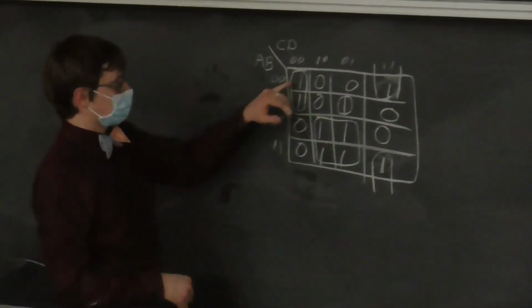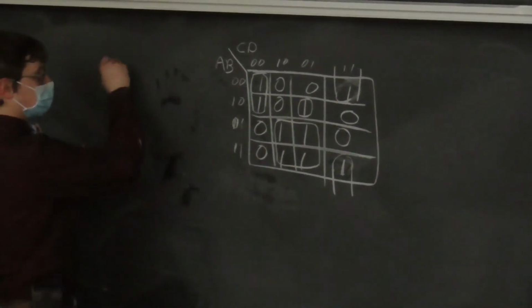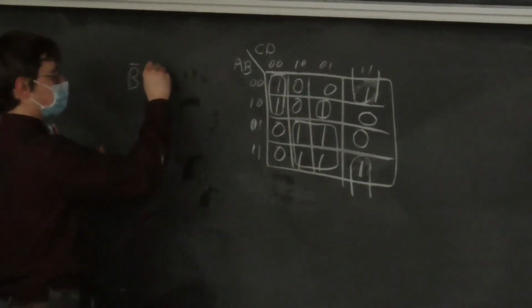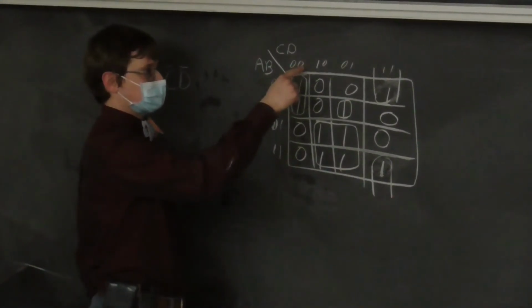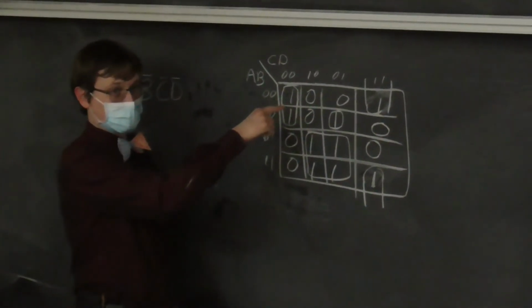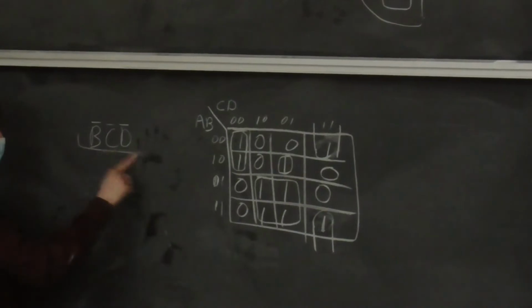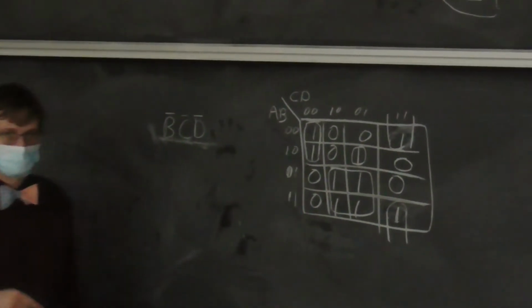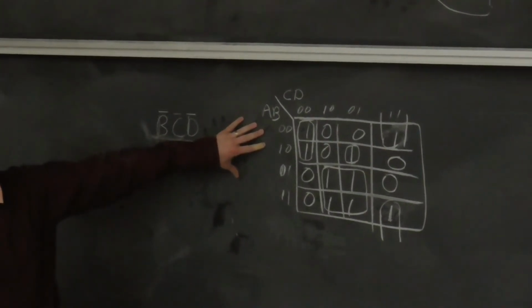Like for this area right here, not B, not C, and not D, because B is 0, C is 0, and D is 0 inside of that area. So that is one term of the eventual equation, because it doesn't matter what A is doing.